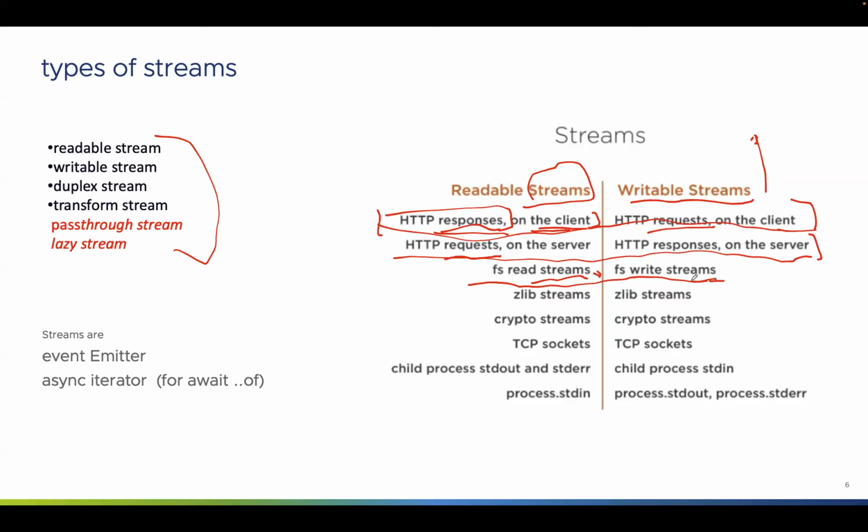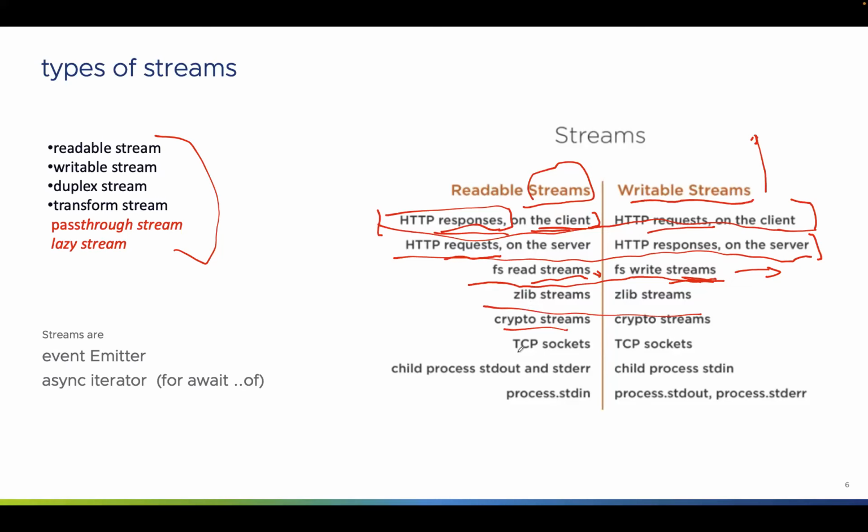On the contrary, to write something, if you have an application with some data you want to write, you write it to the writable stream, and then this writable stream writes your data to the underlying resource, which is eventually a specific file.